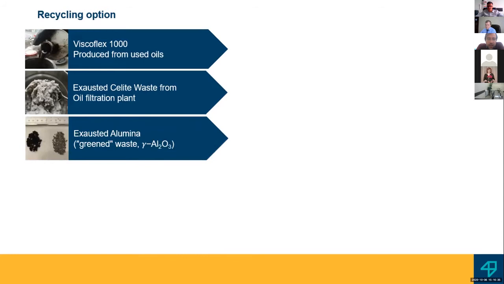Then we have another particular waste, which is an exhausted alumina catalyst, which is used to remove some metals from the end-of-life oils that feed the plant.